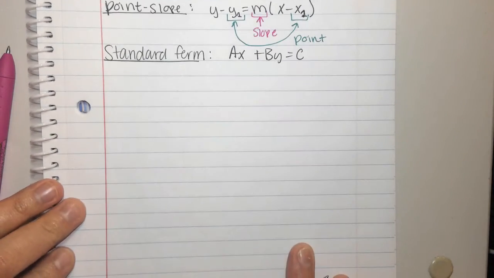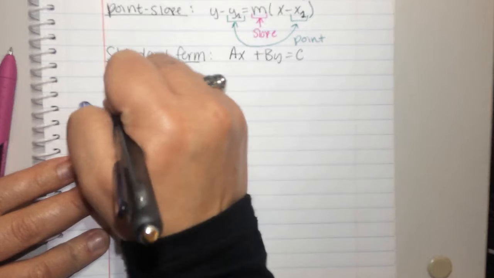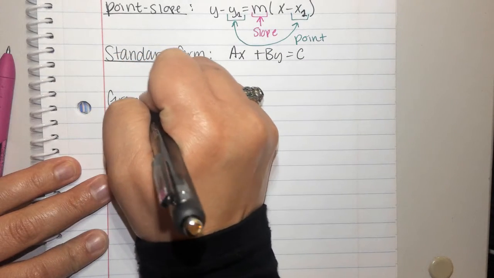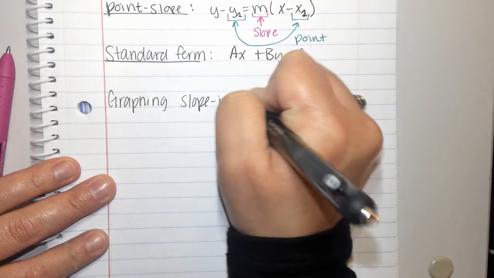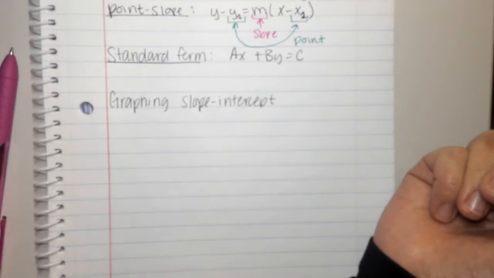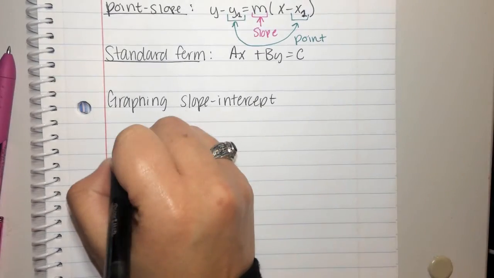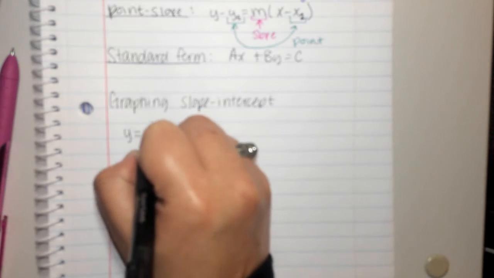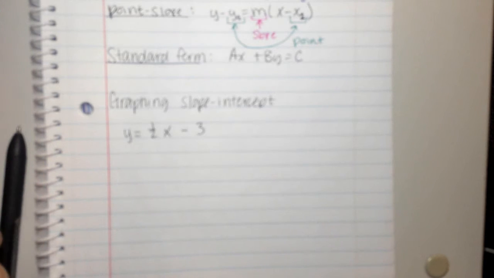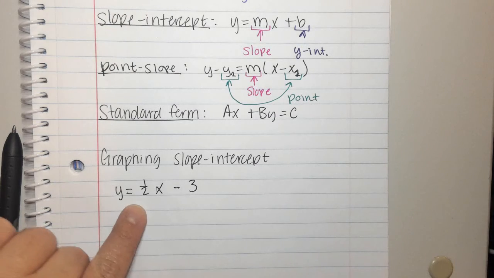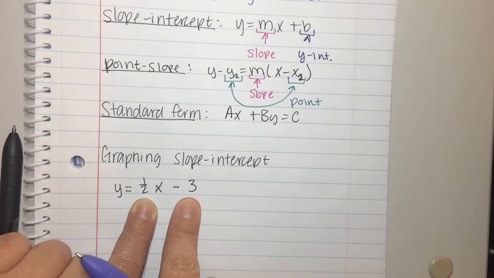Alrighty, so what we did in class is we started off with graphing slope-intercept. So equations that are already in the y equals mx plus b form. So our first one was y equals 1/2 x minus 3. So just like we had earlier, here is a number, and we have a number here.